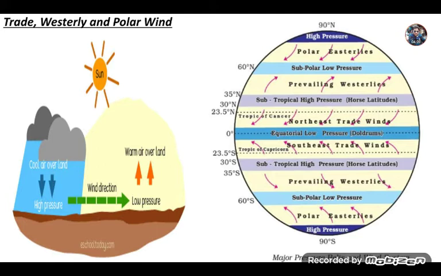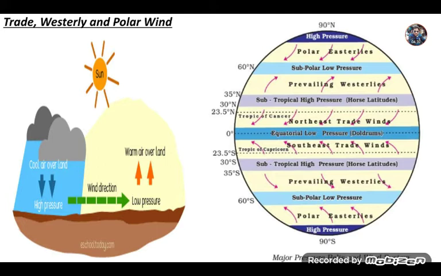So here you see the diagram of the earth. Three types of winds are there: trade wind, westerly wind and polar wind. Trade wind blows from the subtropical high pressure belt to the equatorial low pressure belt. Just carefully look at this, the earth, you find the direction of the wind.